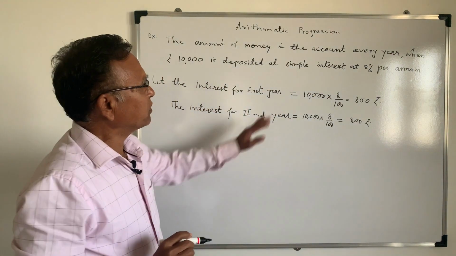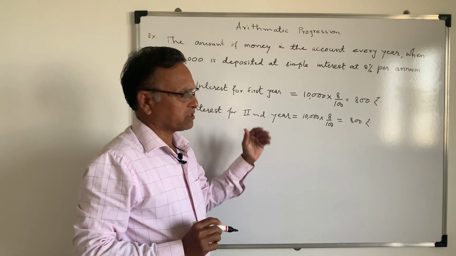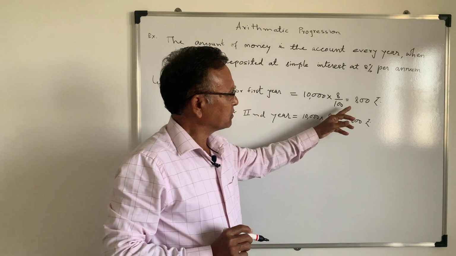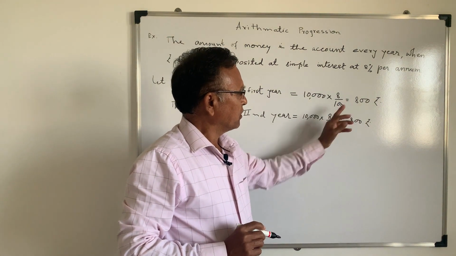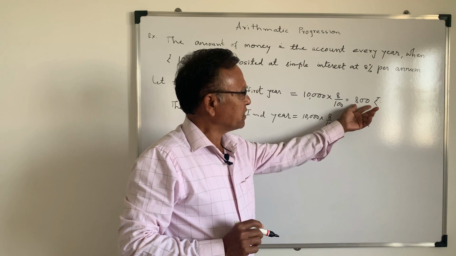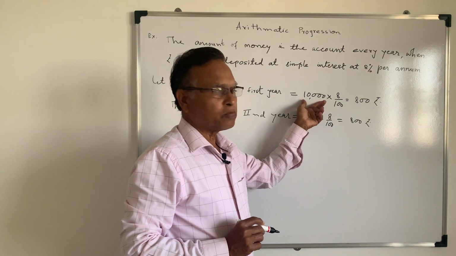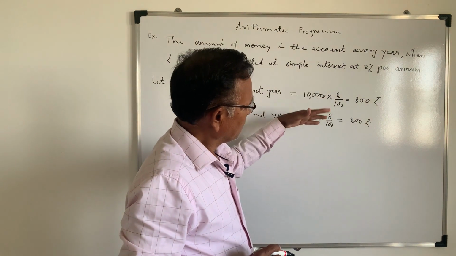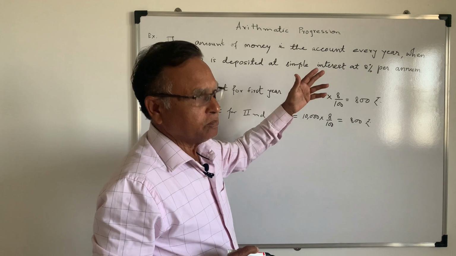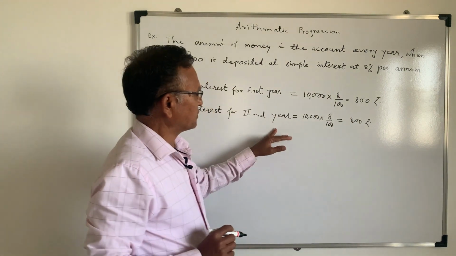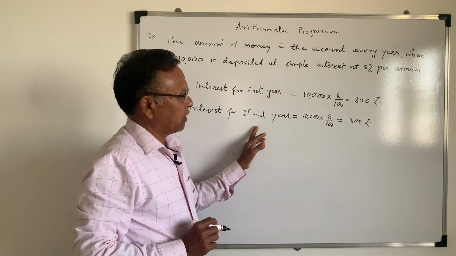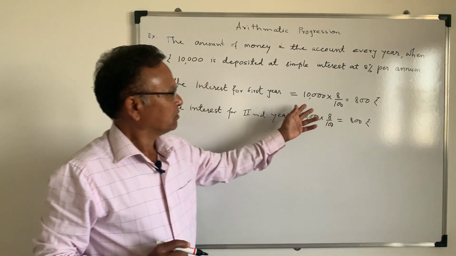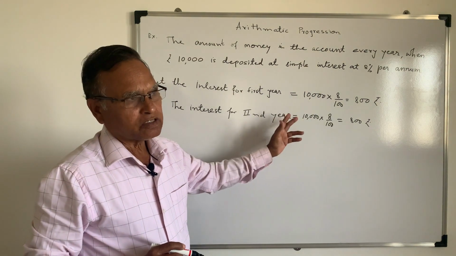The difference between compound interest and simple interest is that in compound interest, the first year interest is added into the principal amount, and that becomes the principal amount for the next year, and interest is calculated on that principal amount.